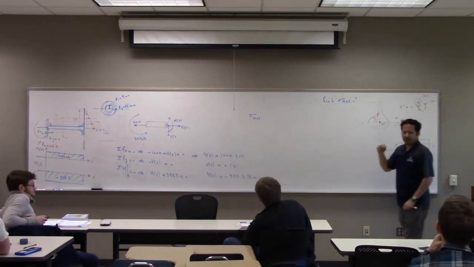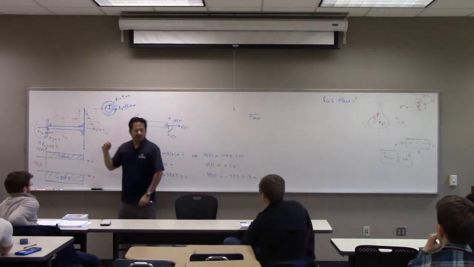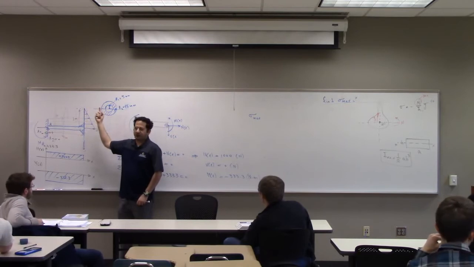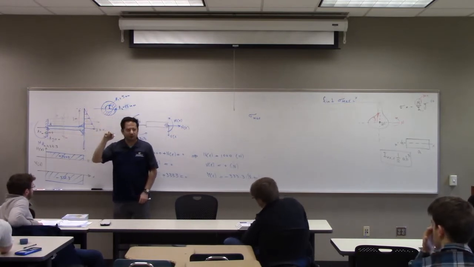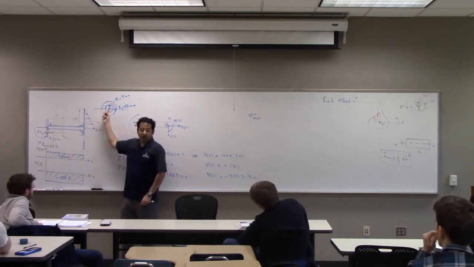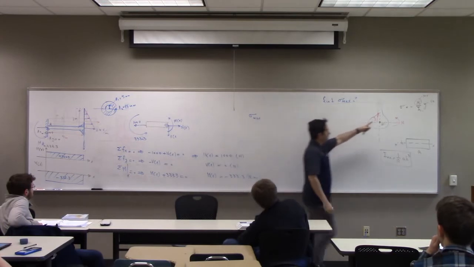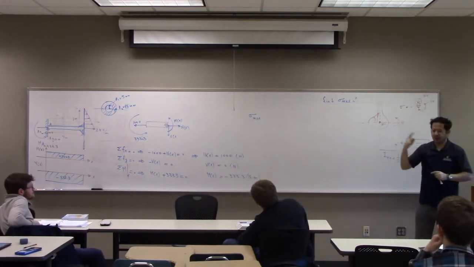And what is y? Y is the outer radius. Why? Because where is the neutral axis? The center line. It goes through the centroid. The centroid is right here. If I want the sigma to be max, this y should be the maximum distance from the center line, which is the outer radius.